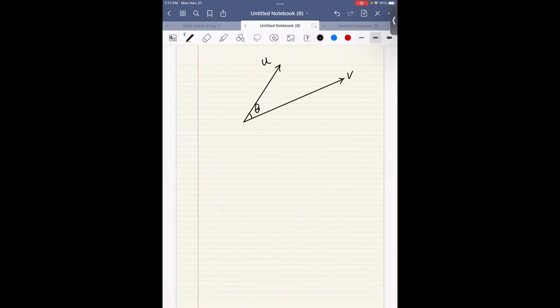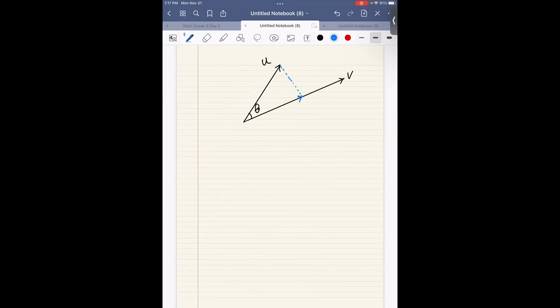So now the question is, I want to decompose u in two components. One is parallel to v and one is perpendicular to v. So our task is to decompose u in two components.